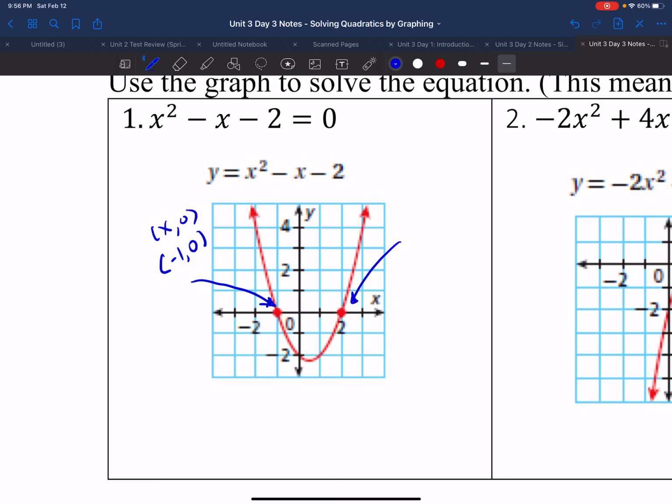This point over here is in the form x comma 0, and that x is just 2, so 2 comma 0. Therefore our zeros are x is equal to -1 and x is equal to 2. And those are our answers.